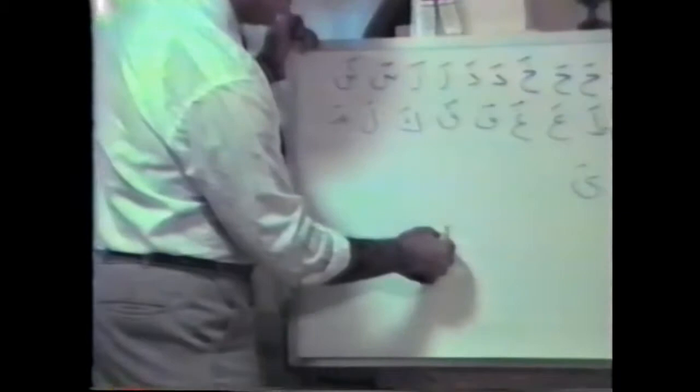Once again, very fast, if this is the consonant lam, for example, there is la. And if you put the slanted dash under it, it becomes li. If you put a comma on top of the letter, it becomes lu. So these are the Arabic vowels.